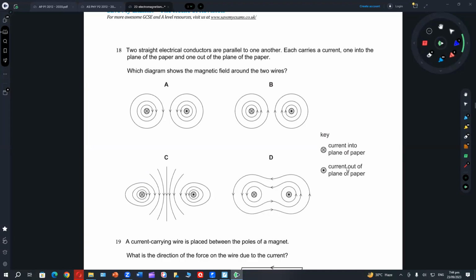Now come on to question 18. Here you can use the right hand rule. Two straight electrical conductors are parallel to one another. Each carries a current, one into the plane of the paper and one out of the plane of the paper.